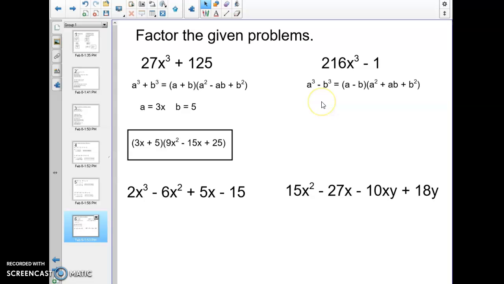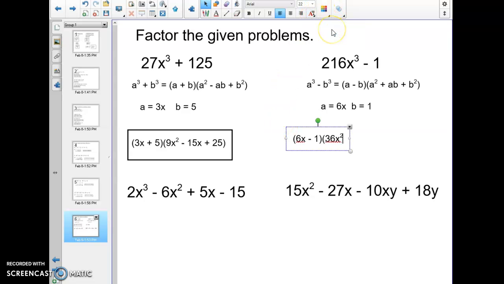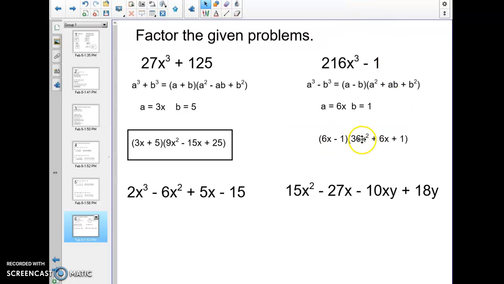In this case, my a equals 6x and b equals 1. And therefore, it's 6x minus 1. 6x squared is 36x squared. I'm sorry, 1 times 6x is 6x, so plus 6x following the formula. And then 1 squared is 1. And here's your answer.